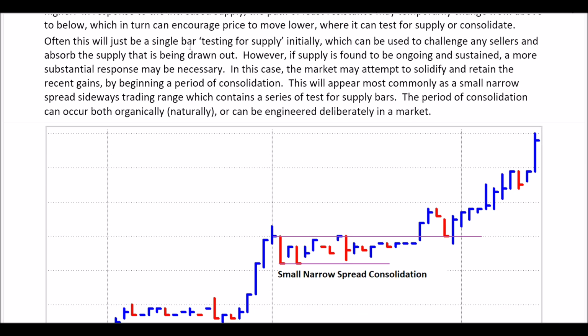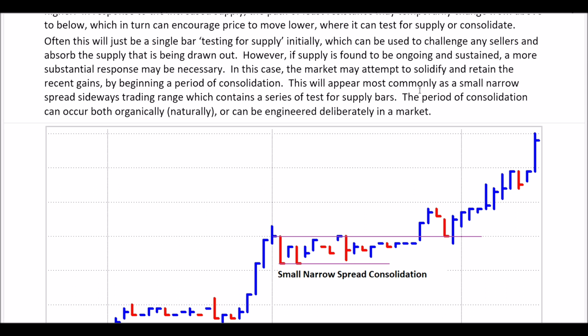Often this will just be a single bar testing for supply initially, which can be used to challenge any sellers and absorb the supply that is drawn out. However, if supply is found to be ongoing and sustained, a more substantial response may be necessary. In this case, the market may attempt to solidify and retain the recent gains by beginning a period of consolidation.